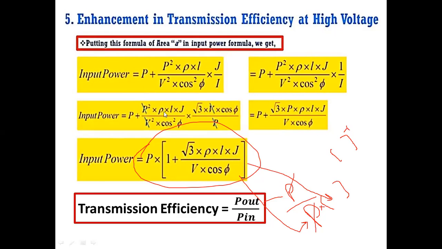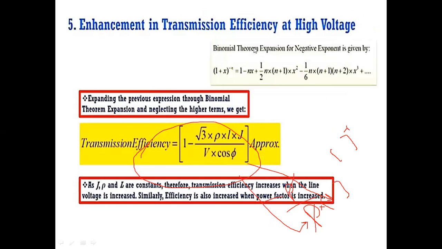Now using the binomial theorem expansion for the negative exponent, as we have studied in the junior classes, 1 plus x whole power minus 1 is equal to 1 minus nx plus higher terms.